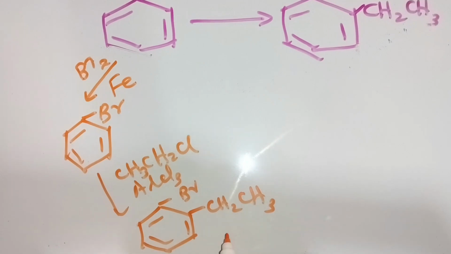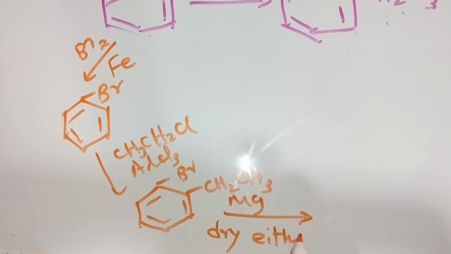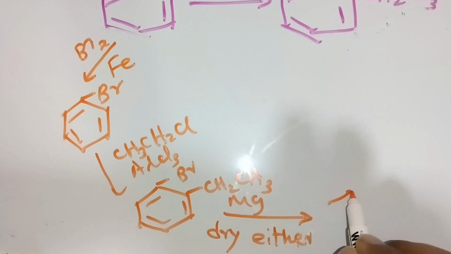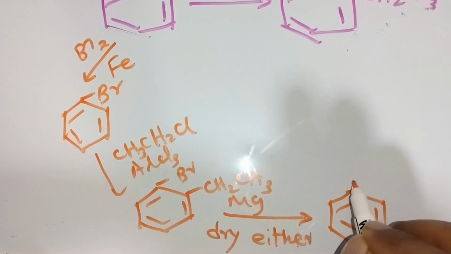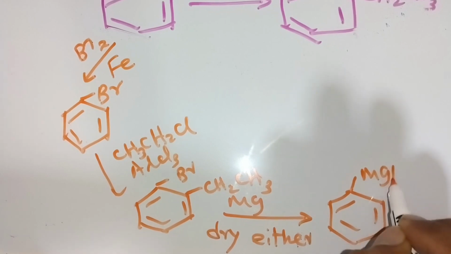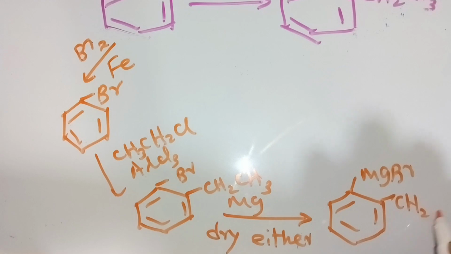So I have to use magnesium with dry ether, and this step will give this organic compound: MgBr, benzene, and this ethyl group.